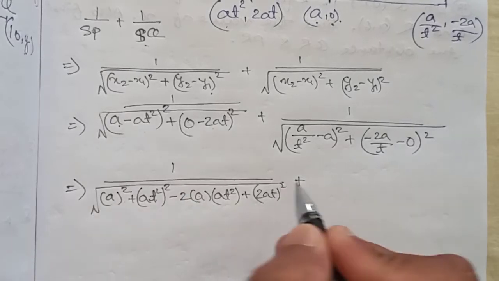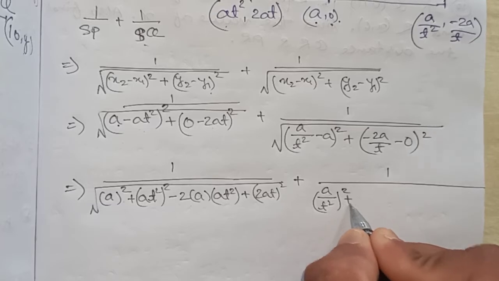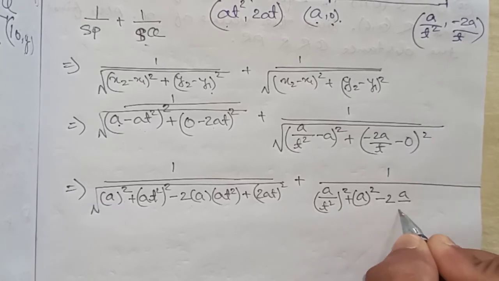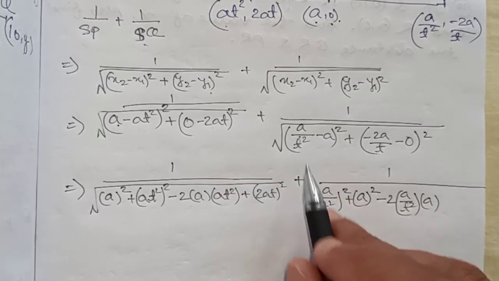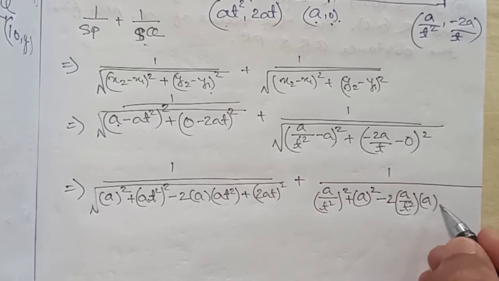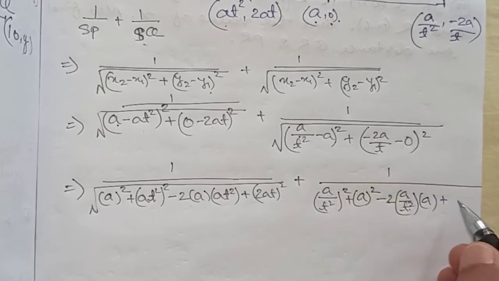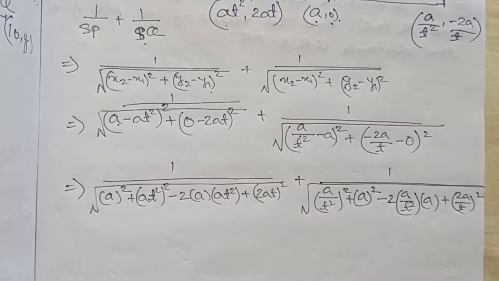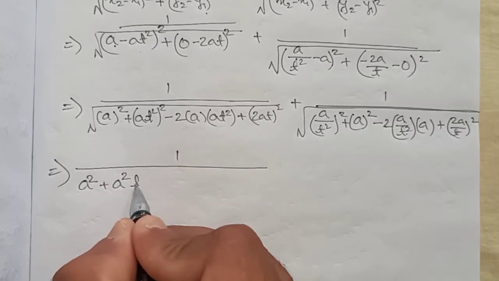Plus square root, again a minus b whole square, a square plus b square minus 2ab, with minus times minus giving plus 2a by t whole square.